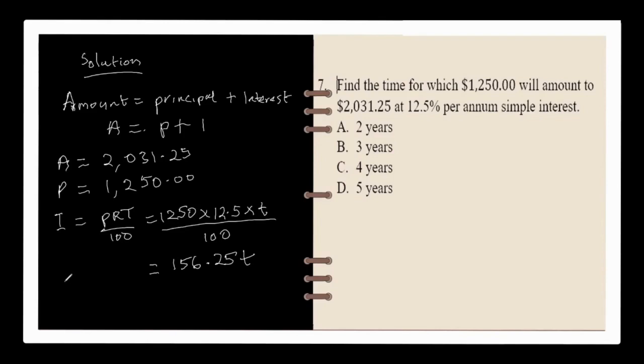Then we are now going to say 2031.25 equals principal. Principal is 1,250 and plus 156.25 T.